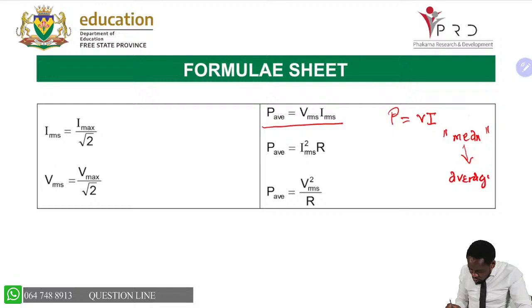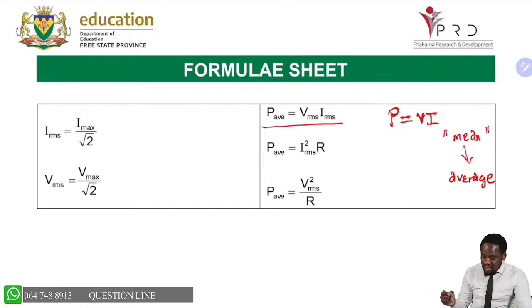So if you say P equals VI, this formula looks very familiar from ordinary circuits that we were looking at based on question 8. But in this case, we talk about the average power dissipated by an appliance, which is based on the average voltage as well as the average current. So pay attention to that, right?